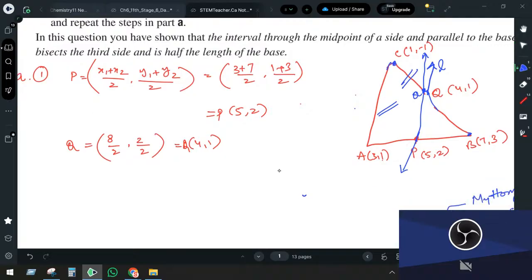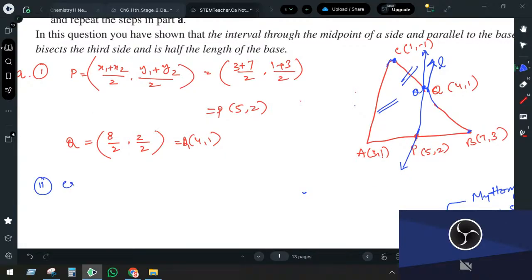What is the equation of AC? Second part, equation of AC. The slope m is the rise over run, (-1 - 1) by (1 - 3), which is -2 by -2, equal to 1.